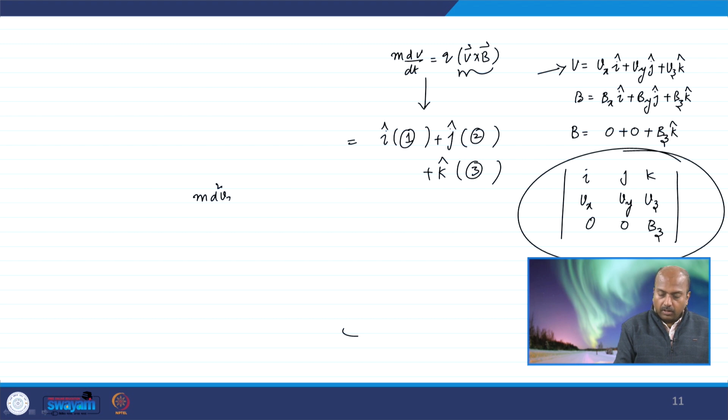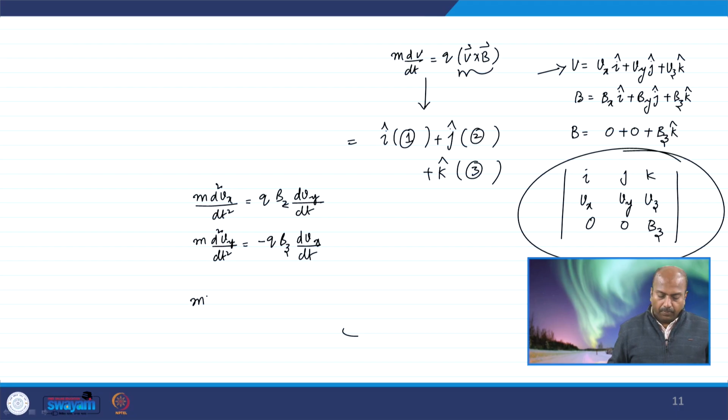m d²Vx by dt² is equal to q Vy Bz, m d²Vy by dt² is minus q Bz Vx, and m d²Vz by dt² is equal to 0.